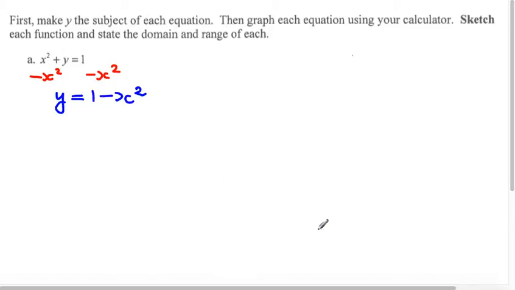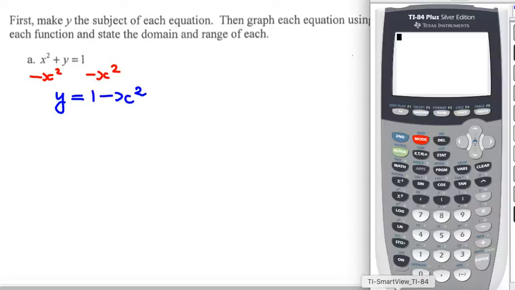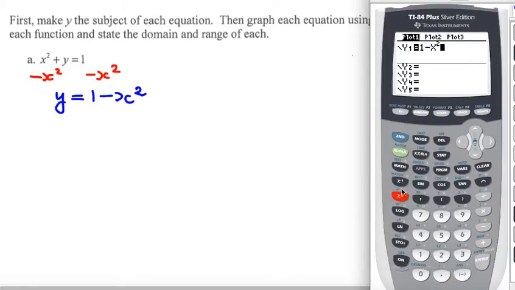So we are going to try to graph this function now, and to do so you go to this button, y equals, and you can enter the equation. So 1 minus x squared: x is here, the x button, and the squared button is there.